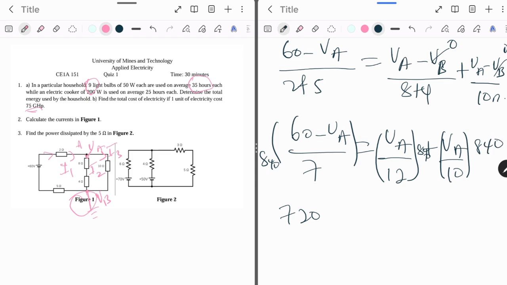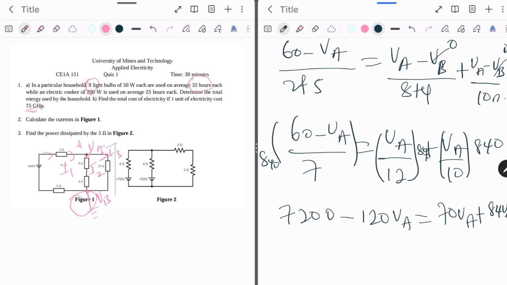Okay. So if you were to do so, you are going to get this part here to be 7,200 minus 120 VA, which is going to be 70 VA plus 84 VA.